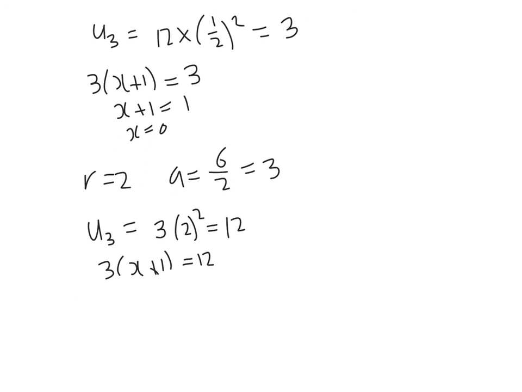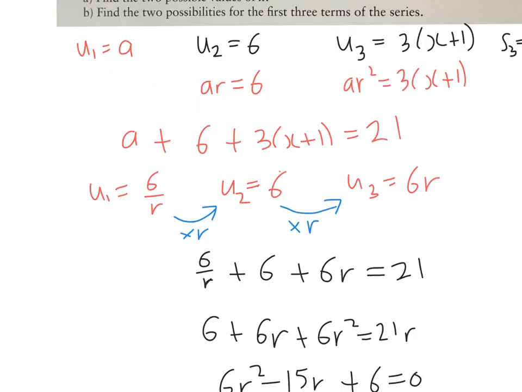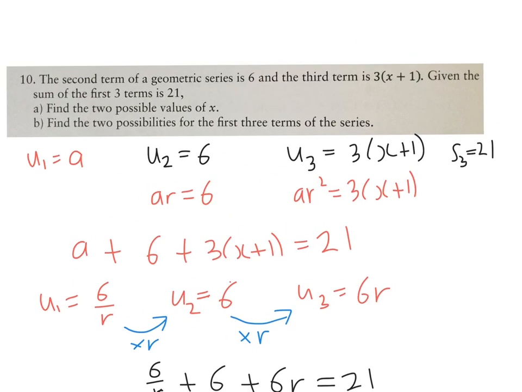That means that x plus 1 would be equal to 4 and x would be equal to 3. So there are your possible values for x, 0 and 3. And then part 2 is find the two possibilities for the first three terms of the series.